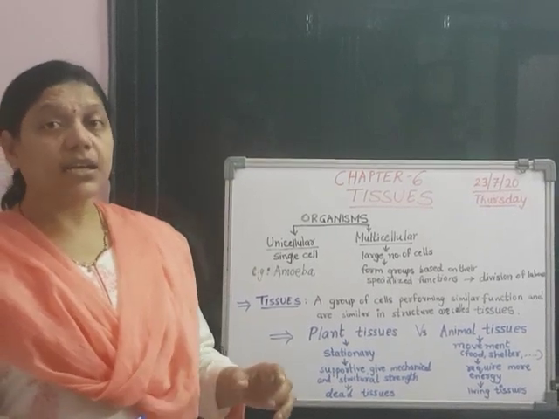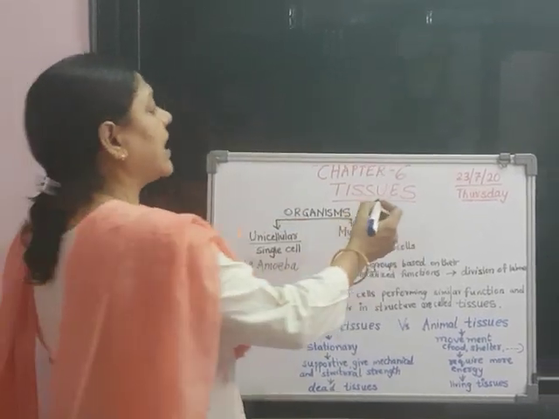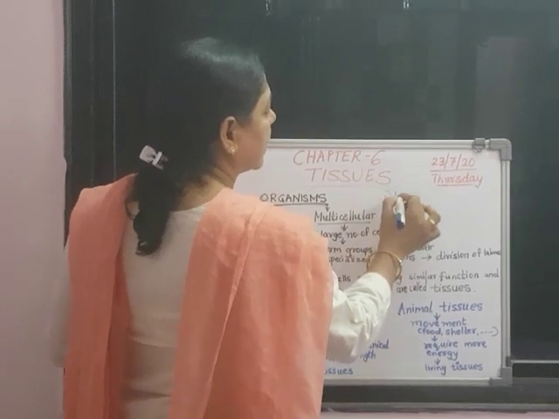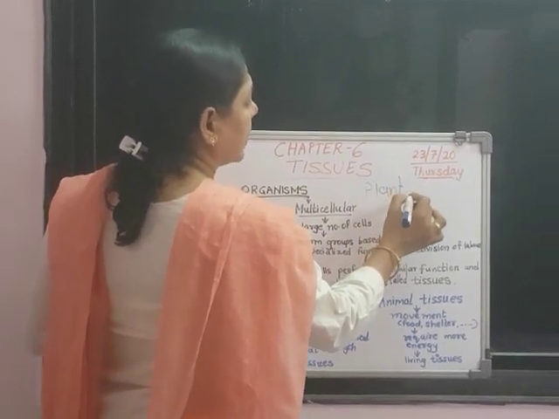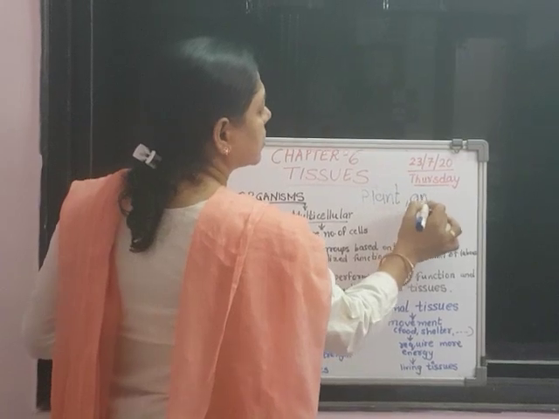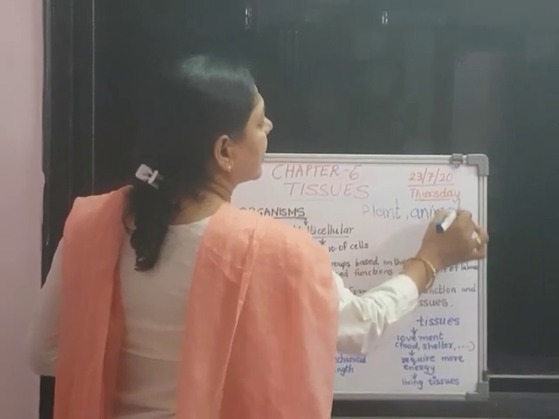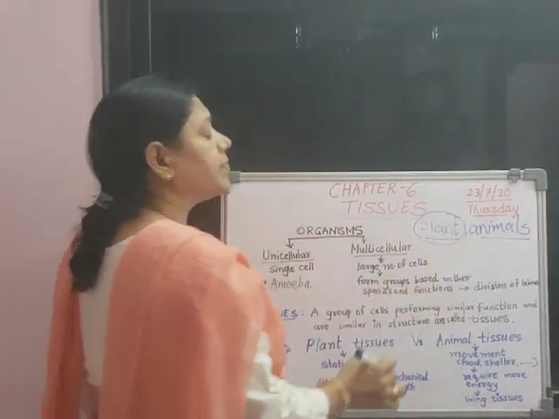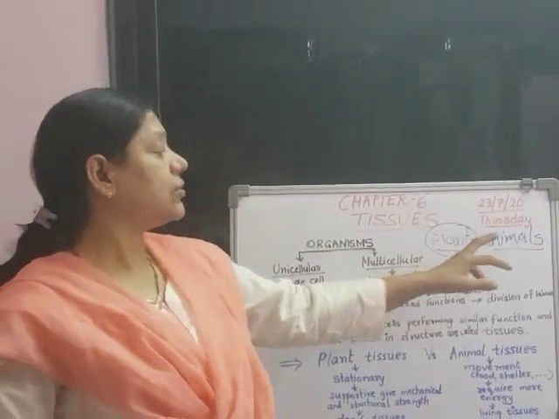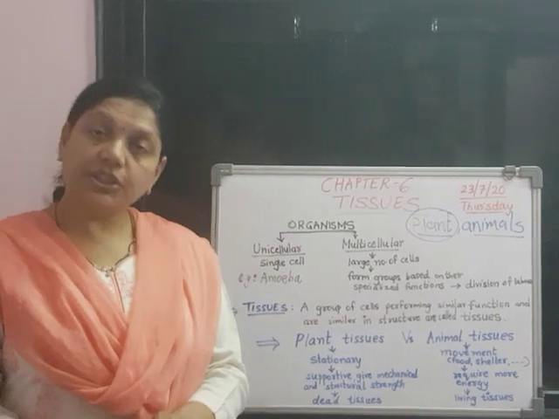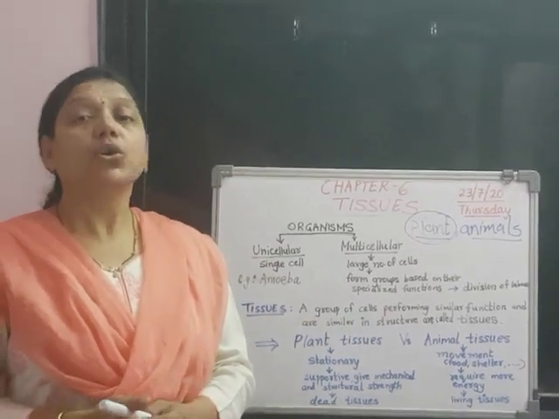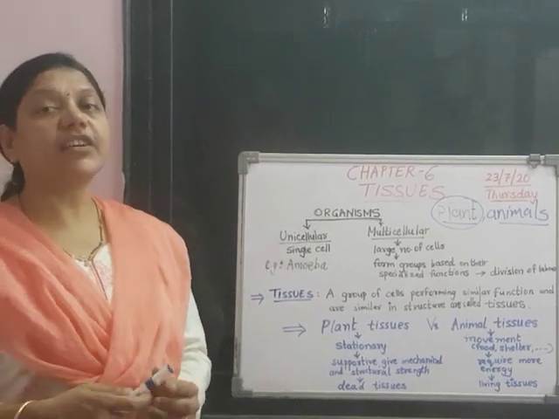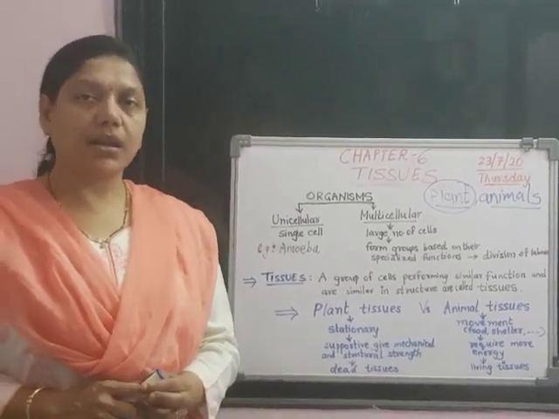As I said, these tissues are of two types, plant tissues and animal tissues. So in the next topic we will be discussing the different types of plant tissues and different types of animal tissues. So please go through the lesson, read it once, so that we can execute the lesson well.